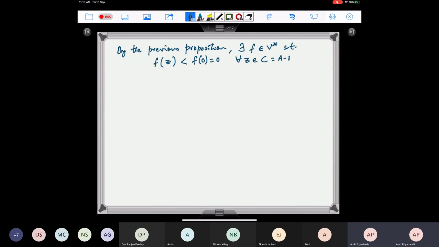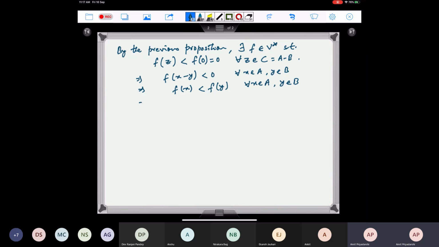But C is A minus B. So this implies f of x minus y is less than 0 for all x in A and y in B, which implies f x is less than f y for all x in A and y in B. So f of x is strictly less than f of y if you take any x in A and y in B. And therefore, what alpha you can choose.